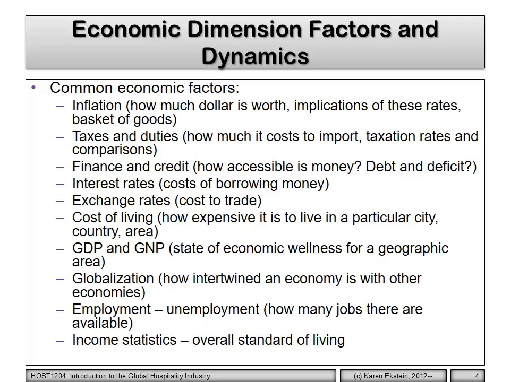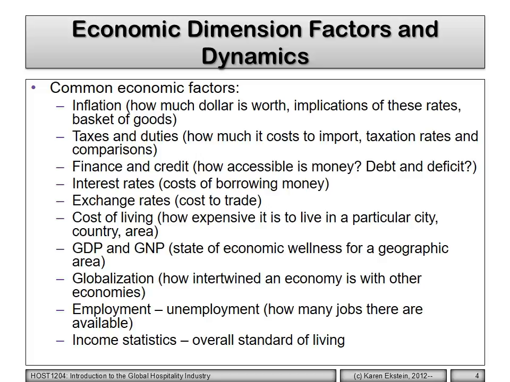Just as a brief recap, we talked about the economic factors and dynamics. Some of the common ones are inflation, taxes and duties, finance and credit, interest rates, exchange rates. We talked about the cost of living, how expensive it is to live in a particular area, GDP and GNP, globalization, employment, and income statistics. A lot of these things you're going to be talking about in your economics courses.